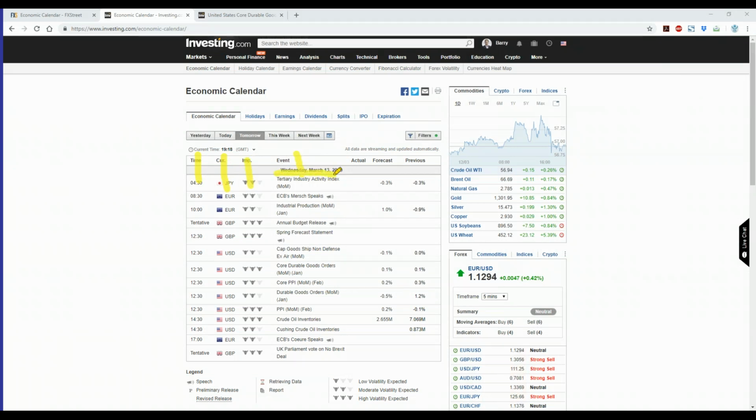Now, all of these events have odd names. And almost all the countries around the world release the same data, but it's called something different. Like in the U.S., the jobs report is called the non-farm payroll. Now, unless you were following the markets, even if you're from the U.S., you would have no idea what the non-farm payroll report was.